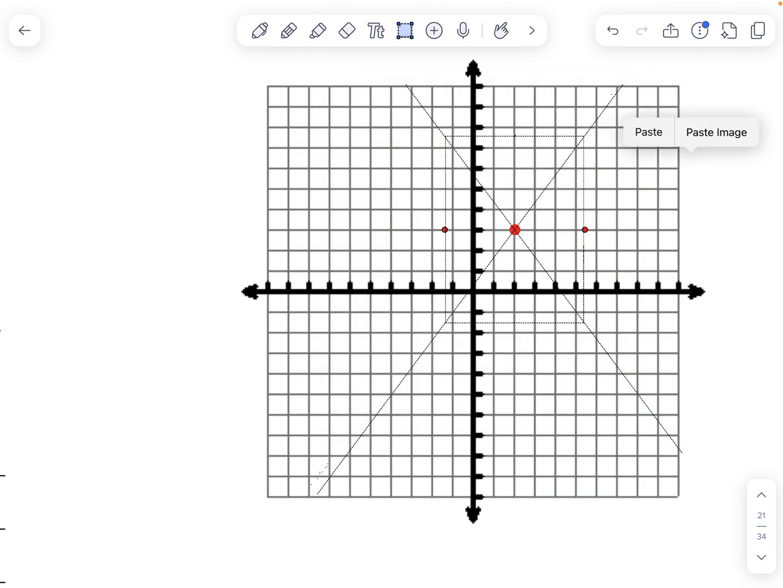Okay, time for not the asymptote, the actual hyperbola.